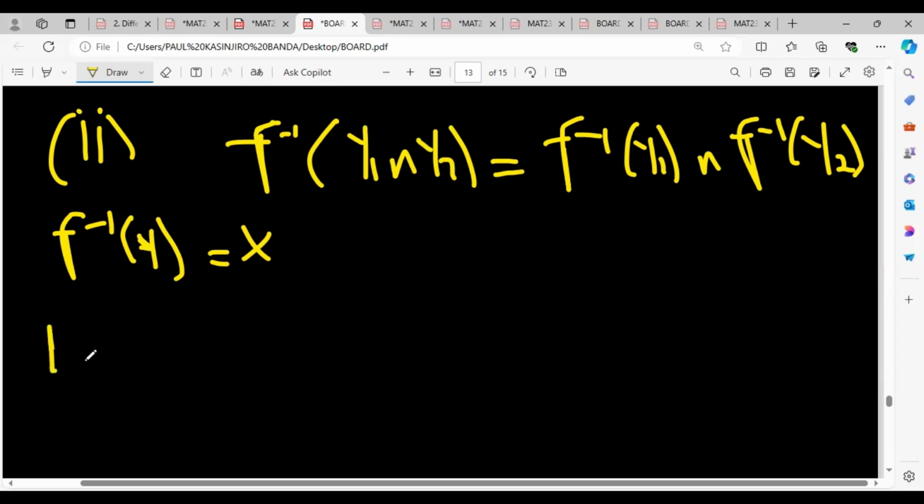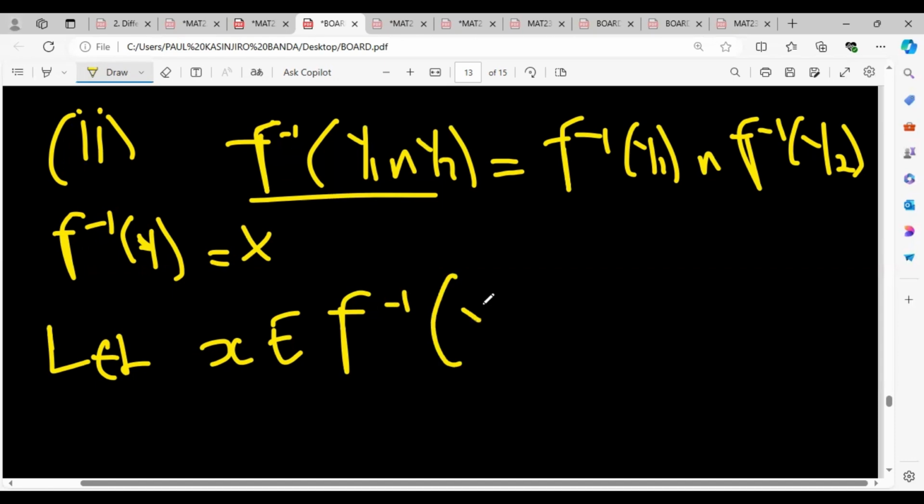So we can say, let x be a member of this intersection too. Since x is a member of this inverse of the function, it means the y is a member of this.